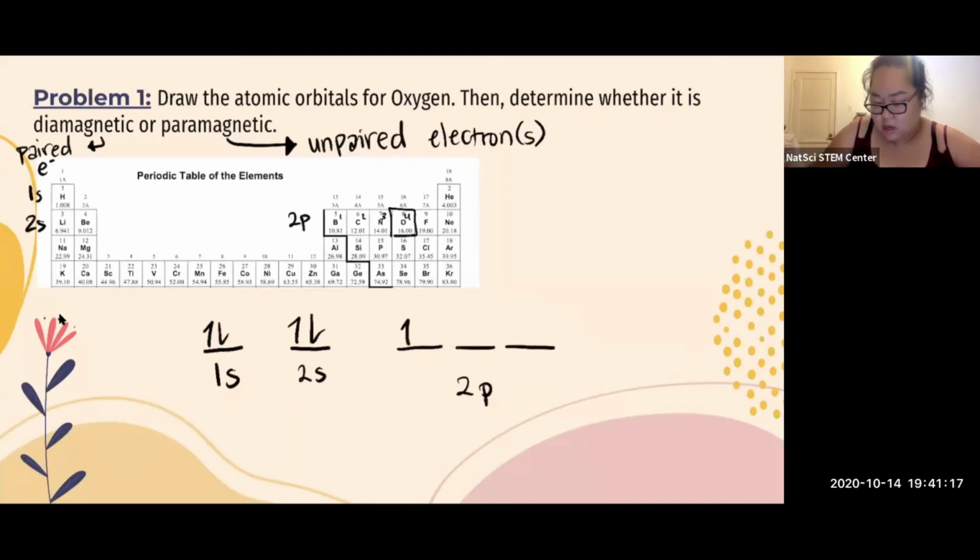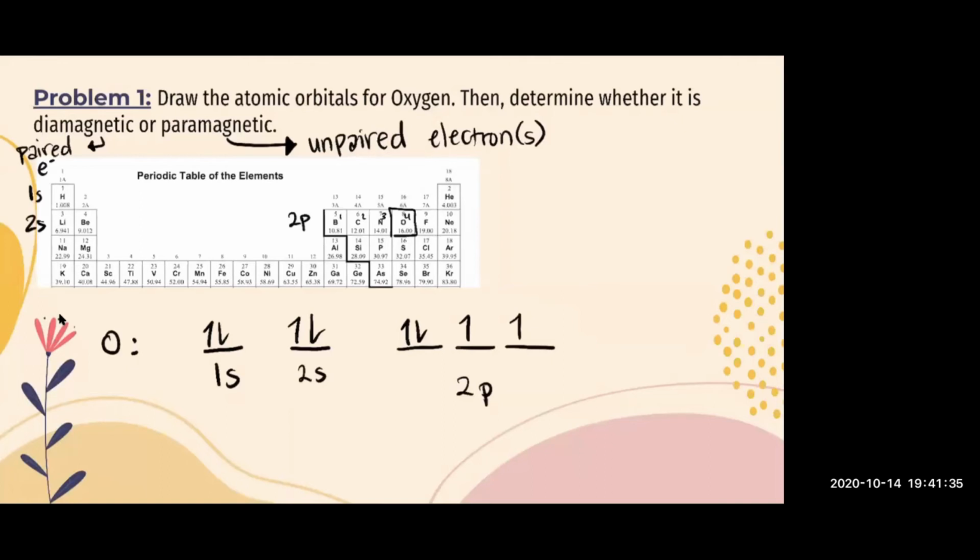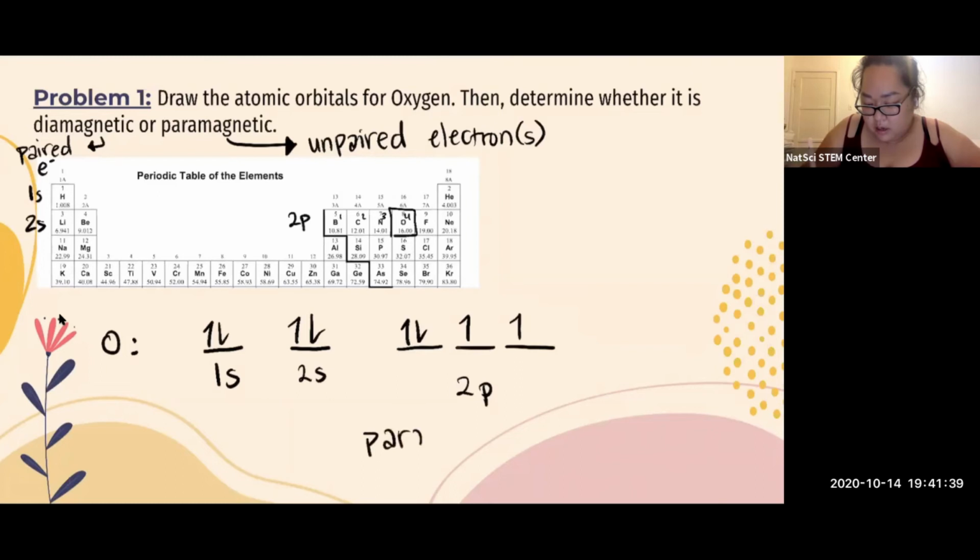So there's 1, 2, 3, and 4. This is oxygen. Based on this atomic orbital drawing, would you say it is paramagnetic or diamagnetic? Para. Yeah. So this is paramagnetic.